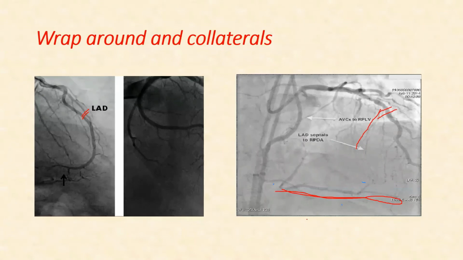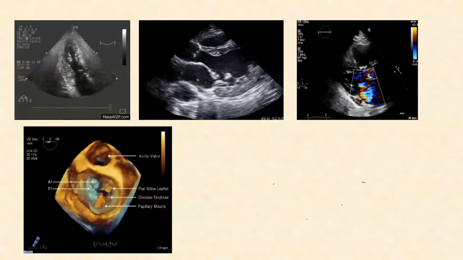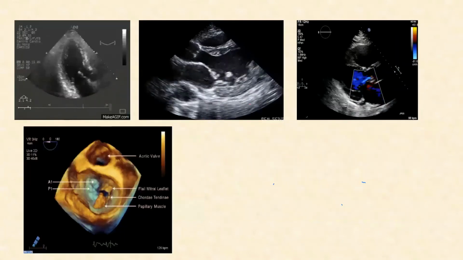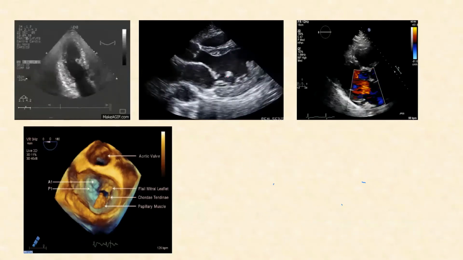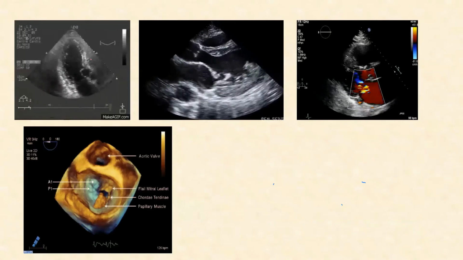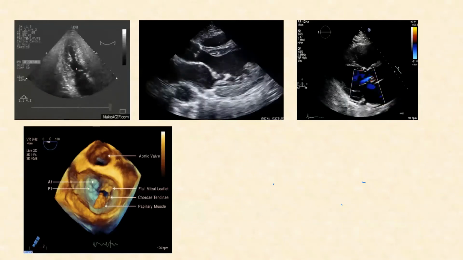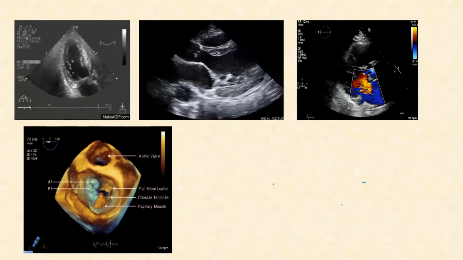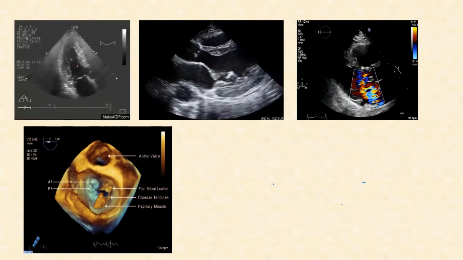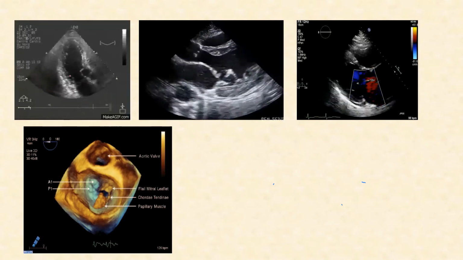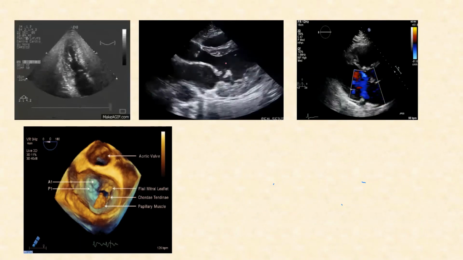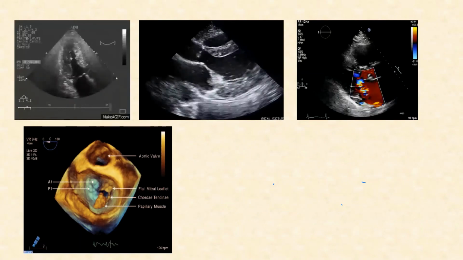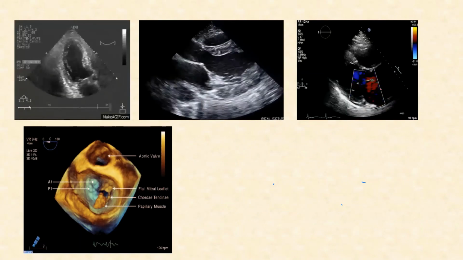Okay, good. Now, if you look here, what's the problem in this echo? What is this? This is a small piece of meat here in the anterior leaflet. Ruptured papillary muscle. Yes, this is ruptured papillary muscle. This is also ruptured papillary muscle. And you see the MR of ruptured papillary muscle.